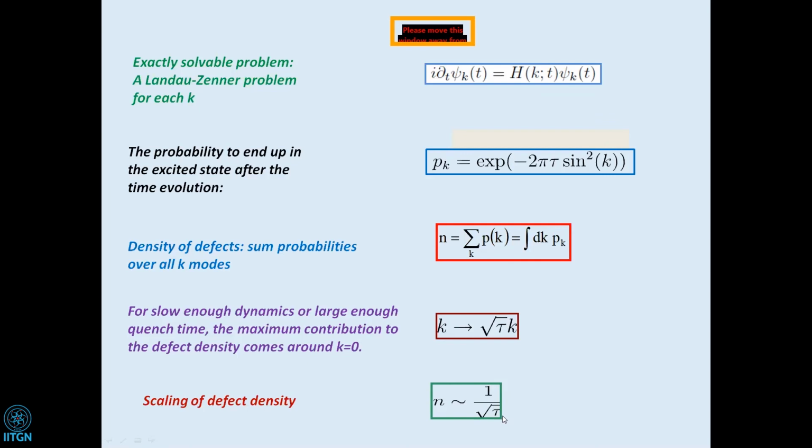So as tau tends to infinity, which means you are moving really, really slowly, this excitation density goes to 0, which is perfectly fine.